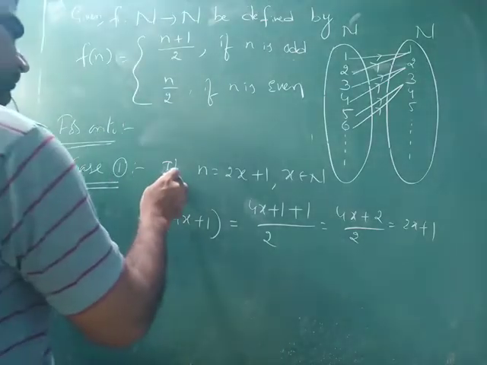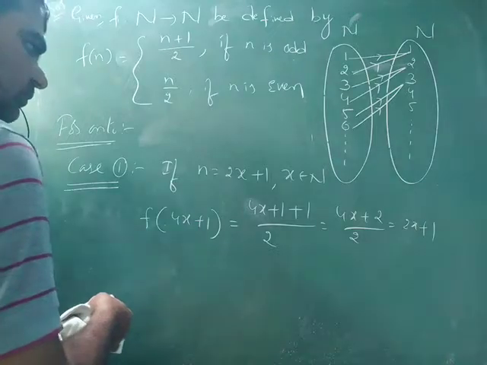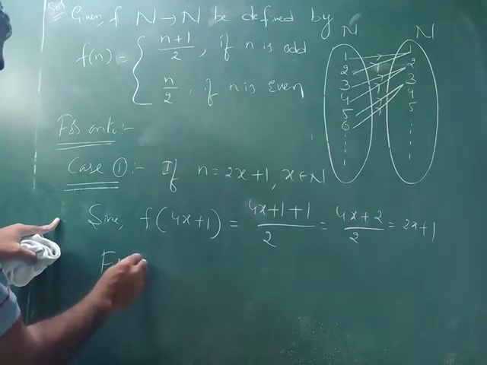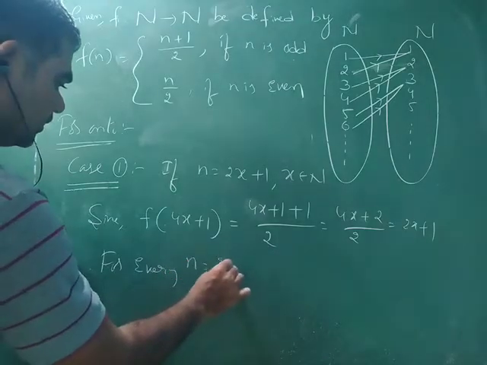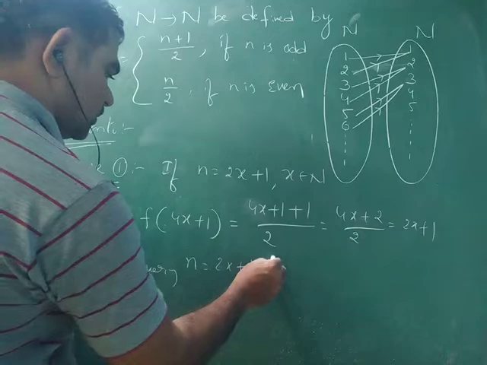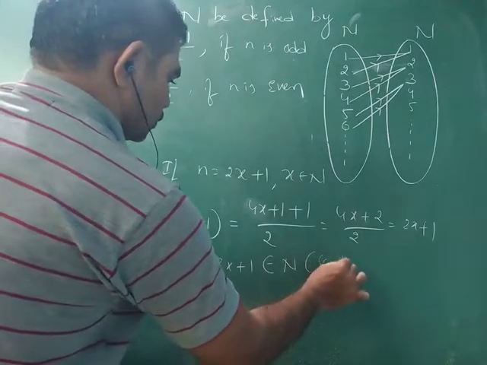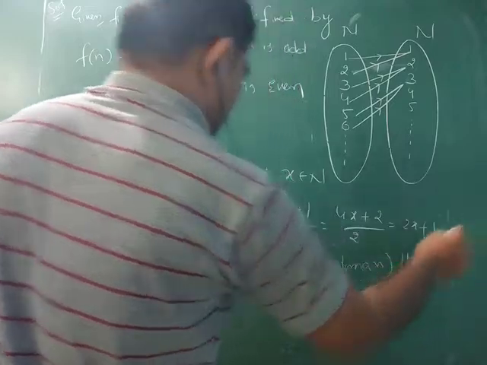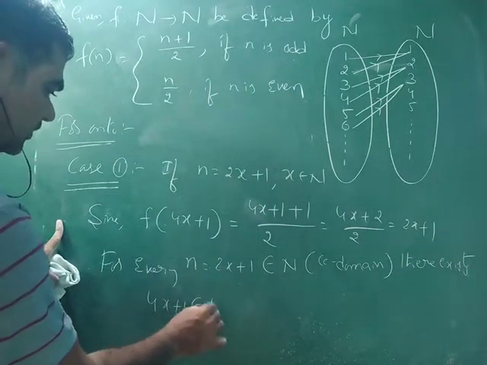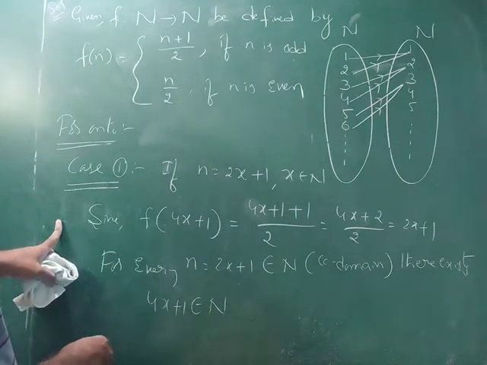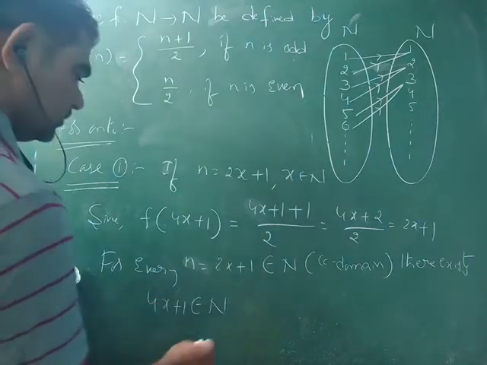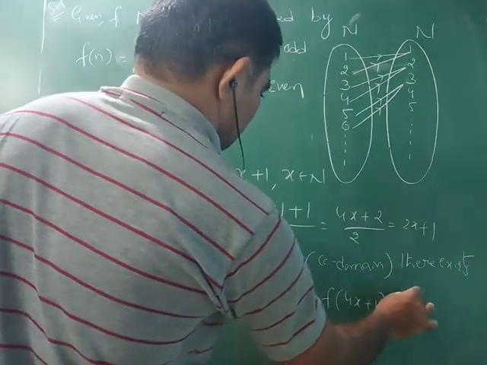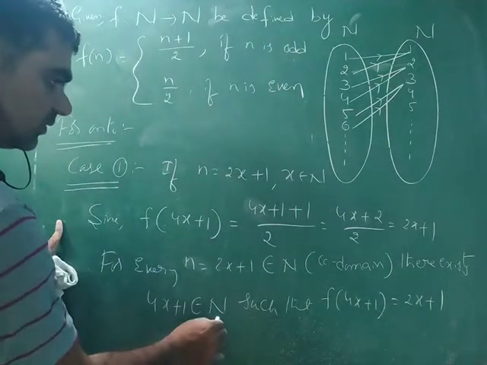So what will you write? For every n equal to 2x plus 1 belongs to N, the codomain, there exists 4x plus 1 in N, the domain, such that f of 4x plus 1 is equal to 2x plus 1.